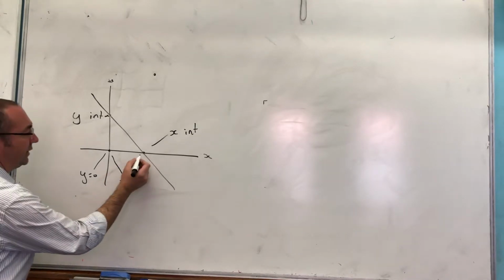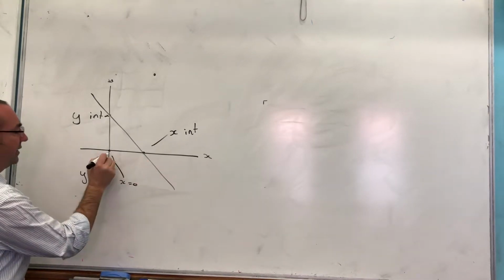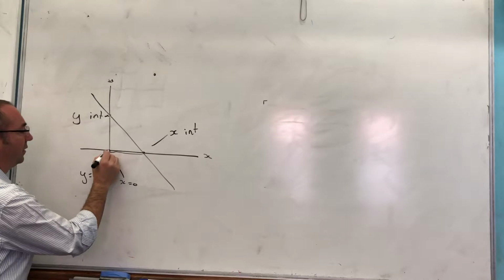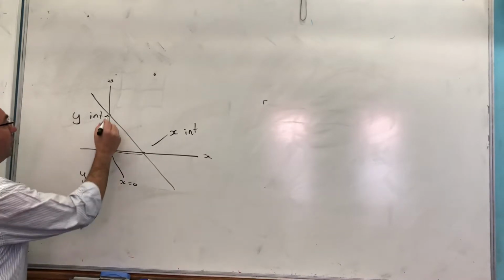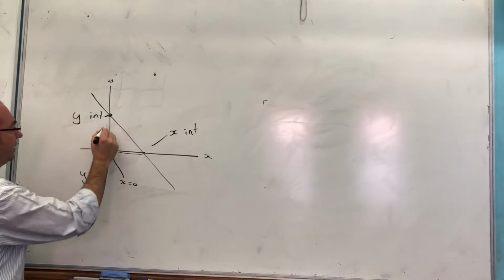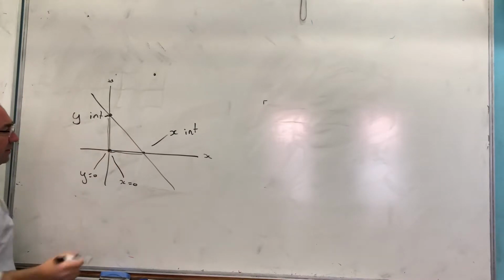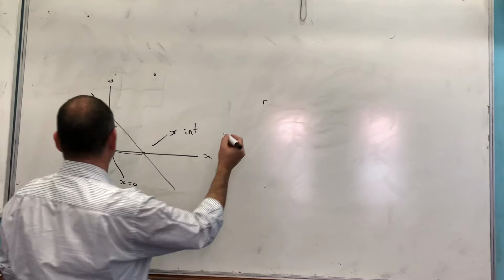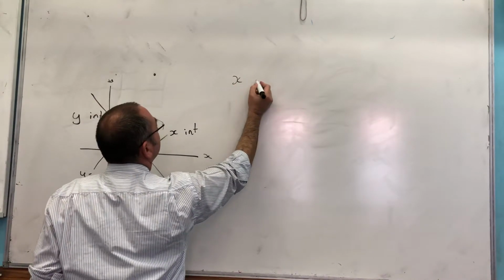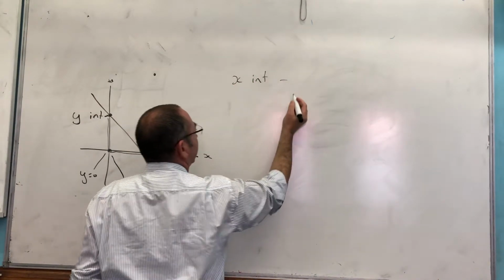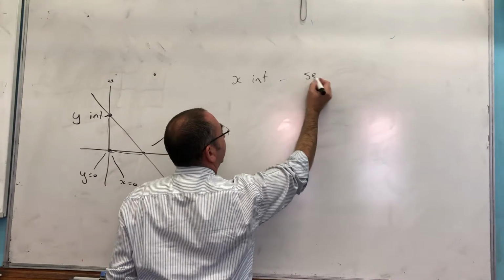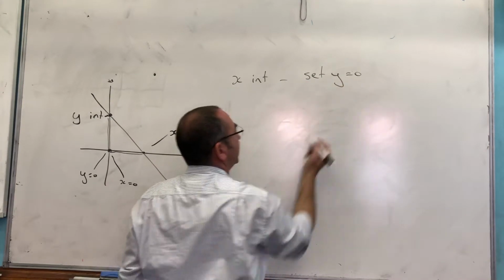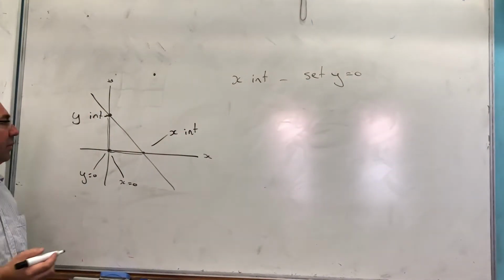Okay, so you can see there where it crosses the x-axis, y equals 0. Where it crosses the y-axis, x equals 0. So to find the x-intercept, we set y equals 0 in our equation.